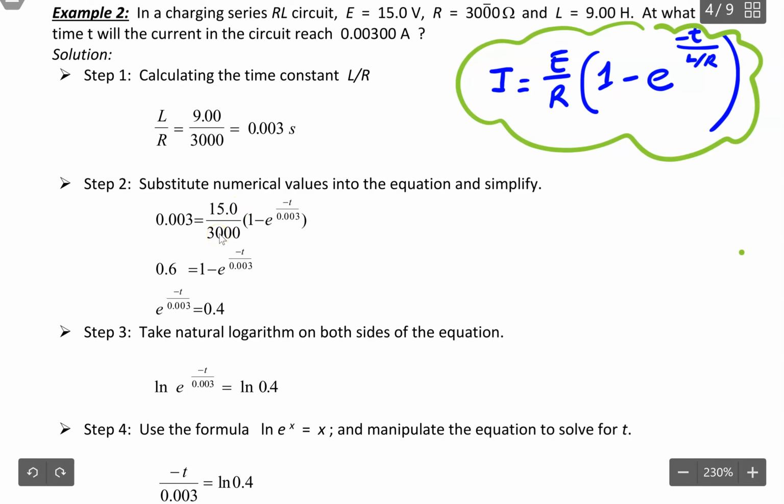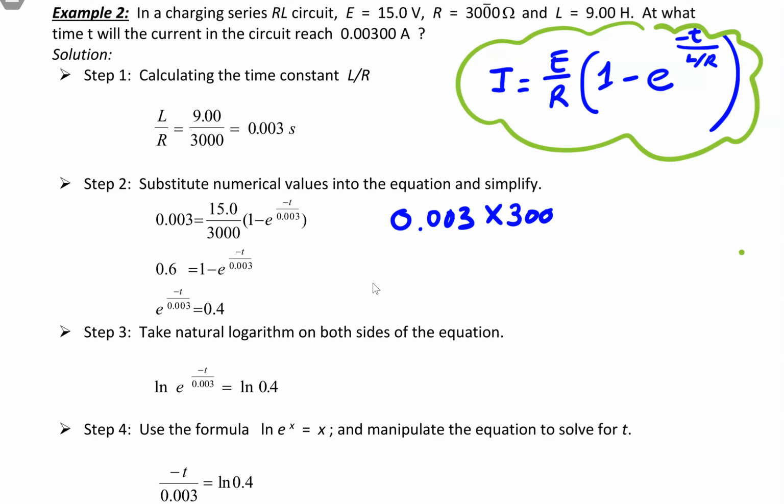Okay, so this is when I want to explain to everyone why I have 0.6 on the other side. I just want to remind everyone that I am using this concept. I multiply that by 3000, bringing the number across the equal sign. I change its operation.